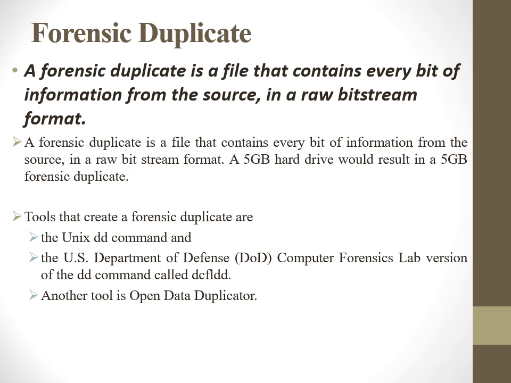A forensic duplicate is a file that contains every bit of information from the source in a raw bit stream format, whereby a 5 GB hard drive would result in a 5 GB forensic duplicate.